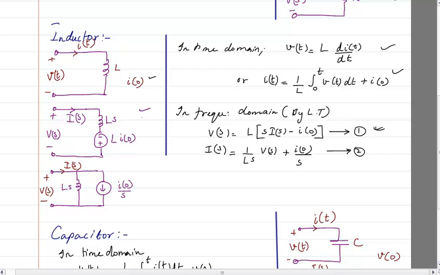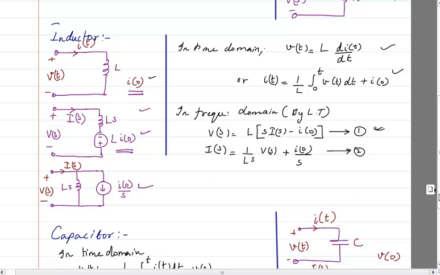In this circuit it will change to Ls, and if it is a parallel circuit, then again Ls. If there is some initial charge in the inductor, that will reflect as either a voltage source in this circuit or as a current source in the parallel circuit.